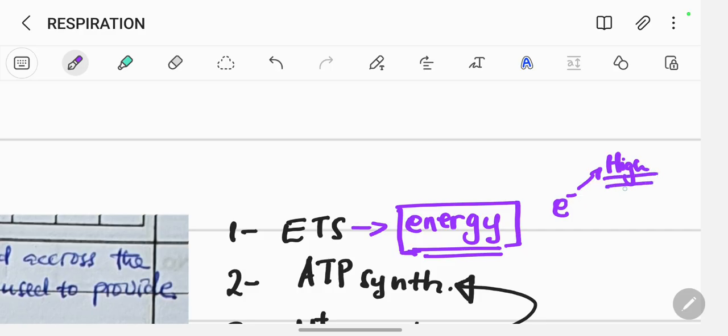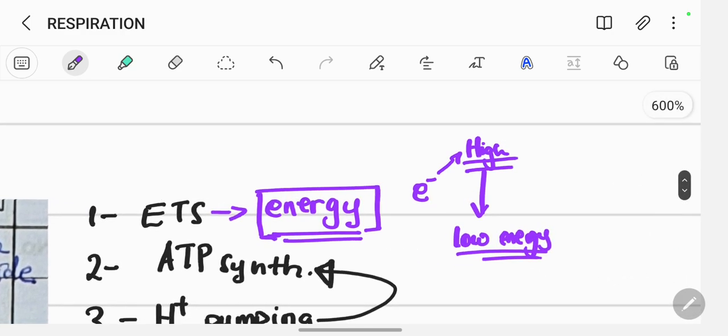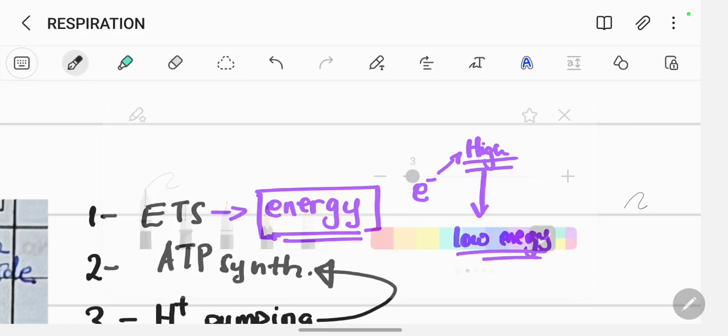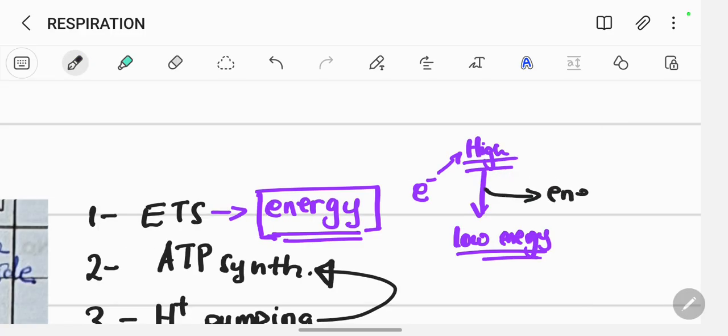Now, as these electrons are coming back to a lower energy level, this is all chemistry, there is energy they are going to lose. So energy is lost.